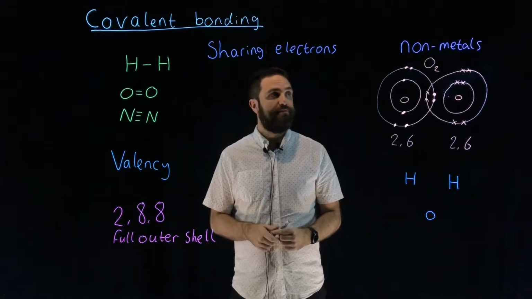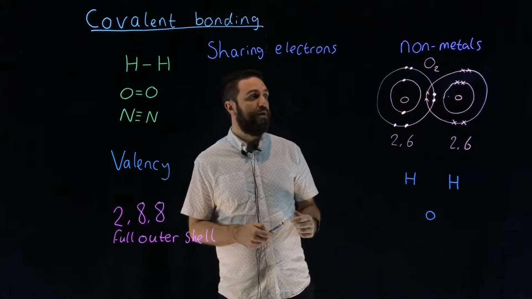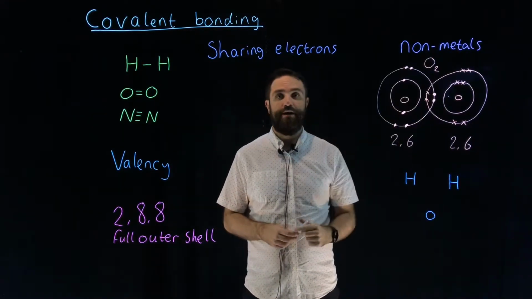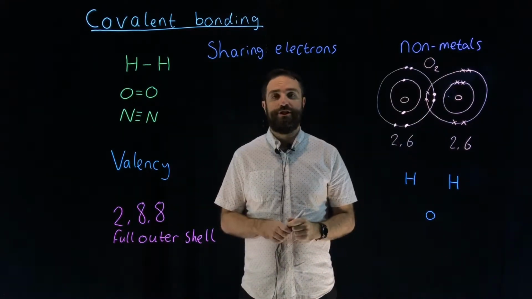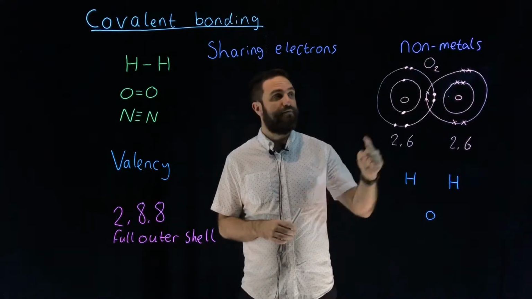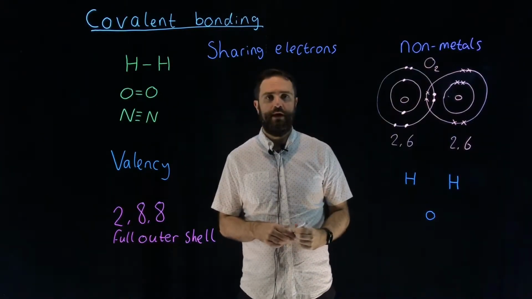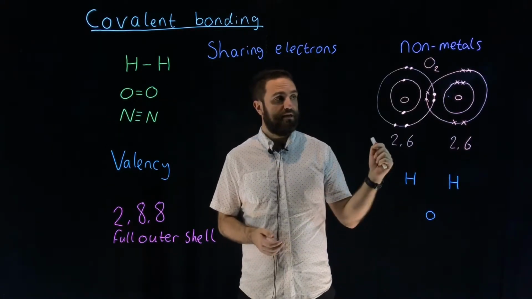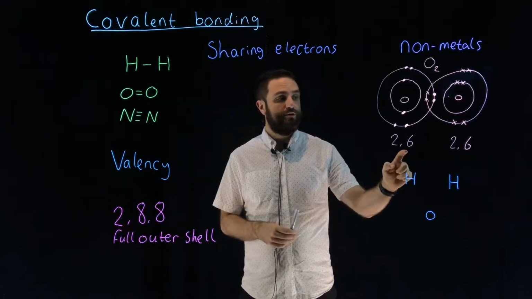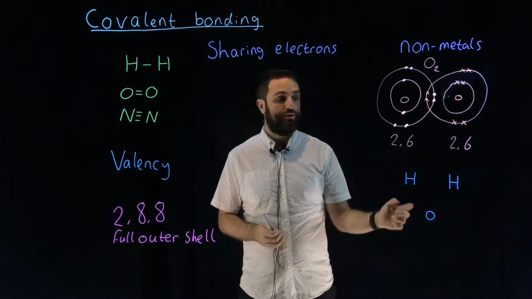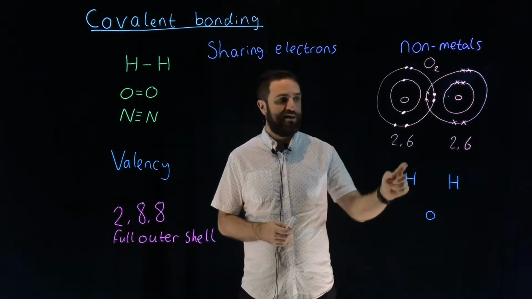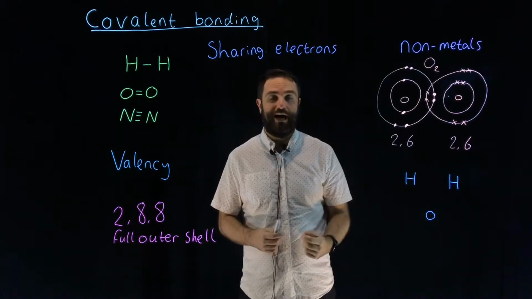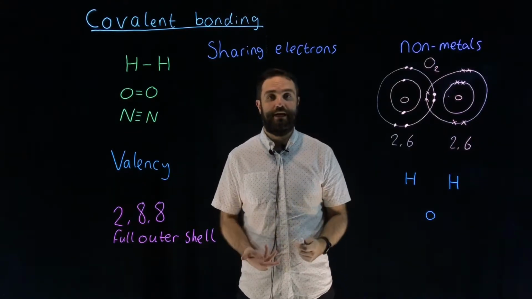What do I mean by that? Well, I have an example over here, which is 2 oxygen atoms. Now, you probably know oxygen is a diatomic molecule with the formula O2. It is like that because each oxygen has an electron structure of 2, 6, 8 electrons in total. A full first shell, but in order to make a full outer shell, it needs to gain 2 electrons.